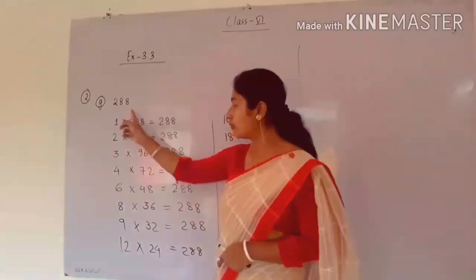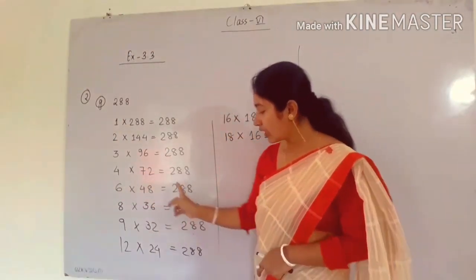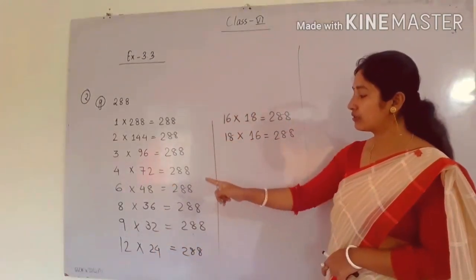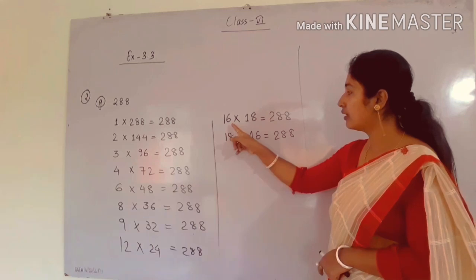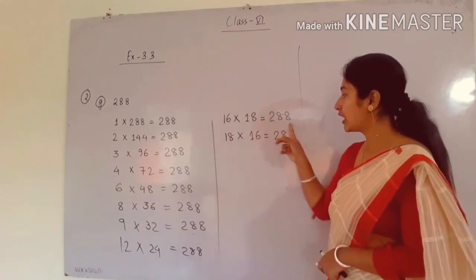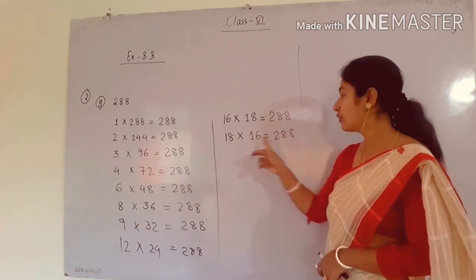Similarly, when you divide it by 4, you will get 72. Like that, I have done up to 1, 2, 3, 4, 6, 8, 9, 12, 16. See here, 16 is multiplied with 18 to get 288. That means it will come in the table of 18 also.